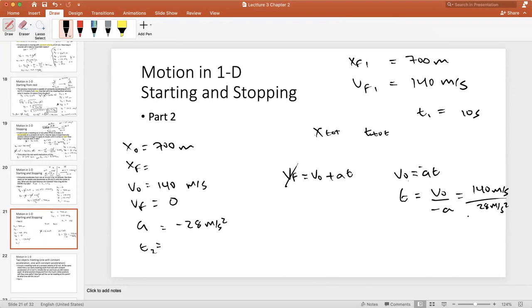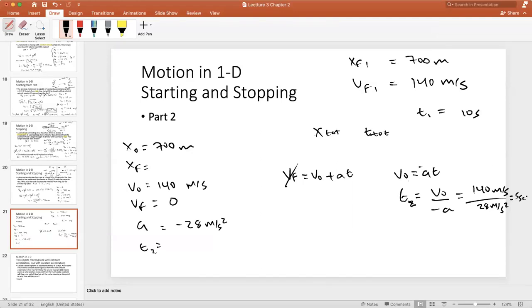Time had better be positive. This is also T2, by the way, I should note. So what is 140 divided by 28? 140 divided by 28 is 5 seconds. This took all of 5 seconds.